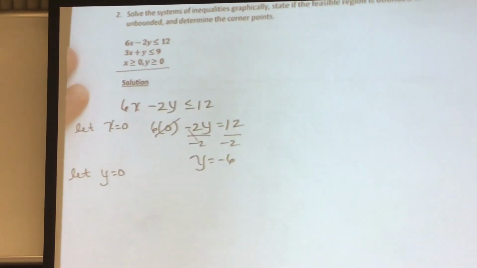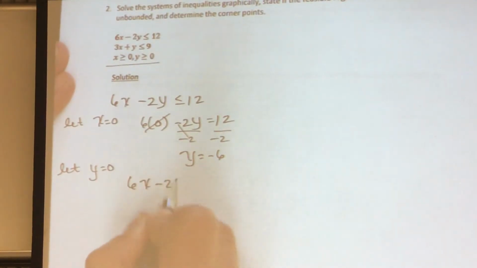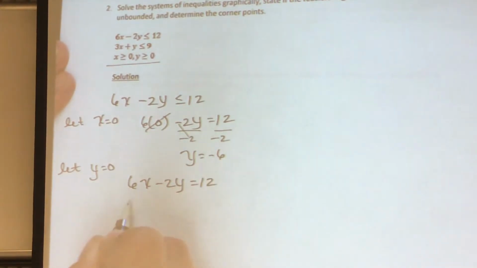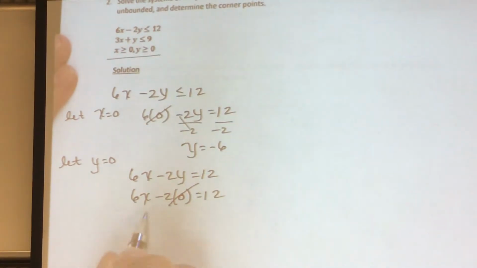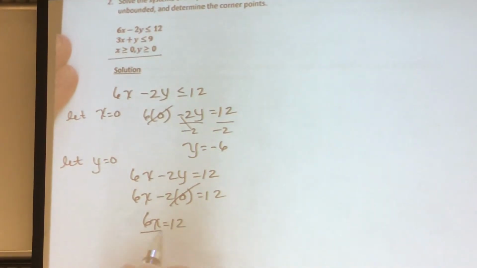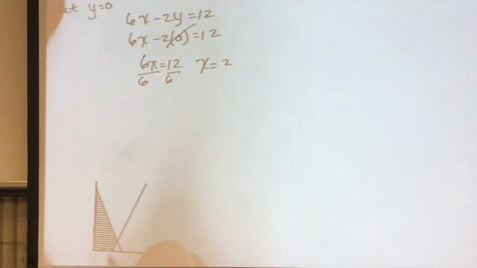We can plot our x-intercept. So we have 6x minus 2y is equal to 12. So 6x minus, now we let y is equal to 0. So that's gone. So 6x is equal to 12. x is equal to 2. So here we have x is equal to 2.